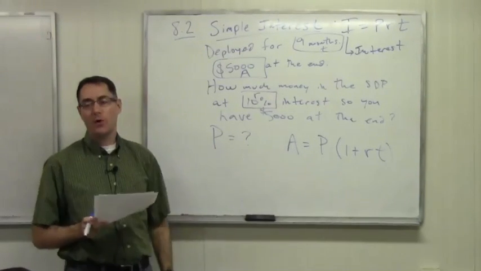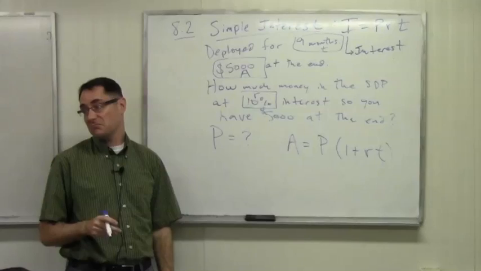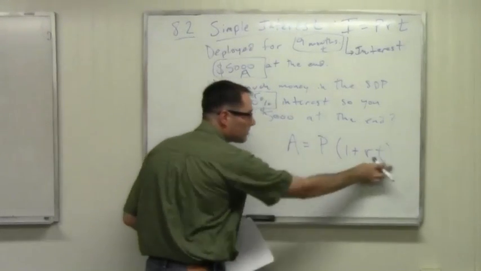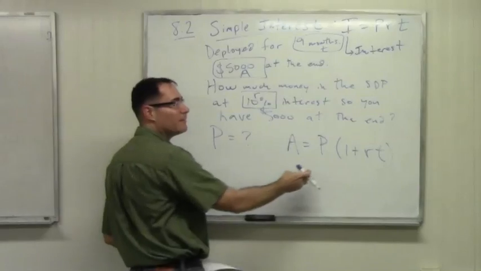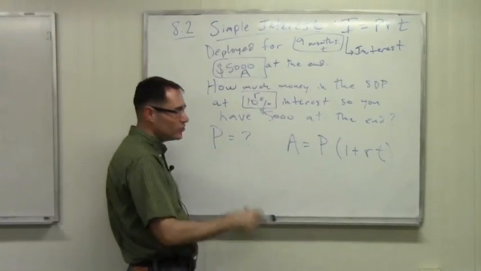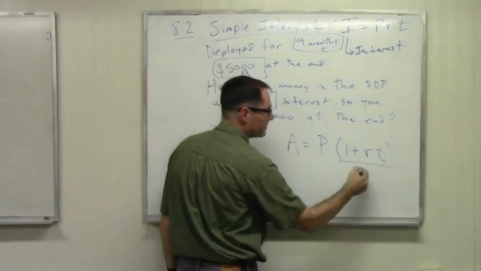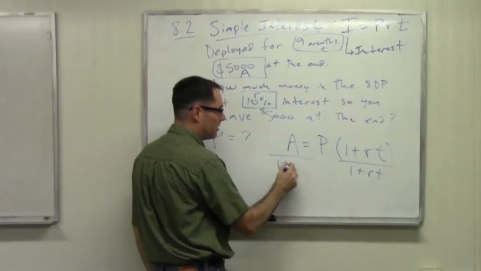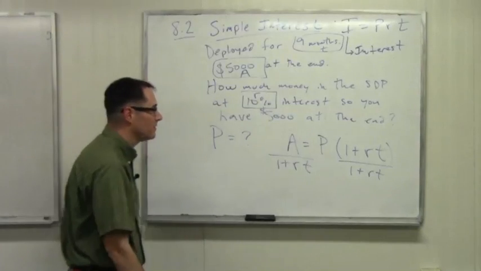Let's do that part before we type any numbers in. How do I get rid of the 1 plus rt, which is being multiplied by the principal? Divide by it. You divide by the whole thing, 1 plus the rate times the time.